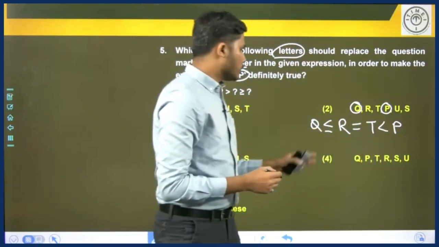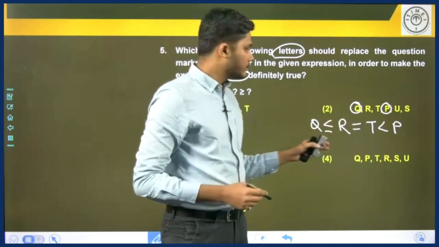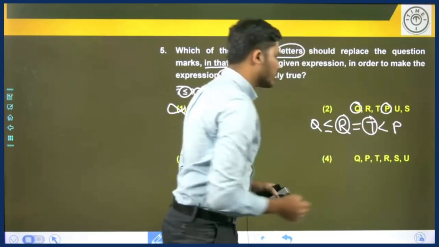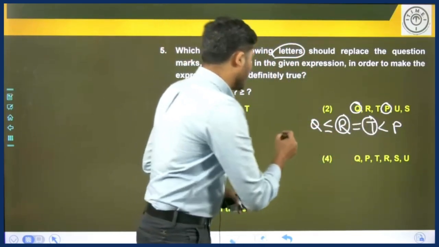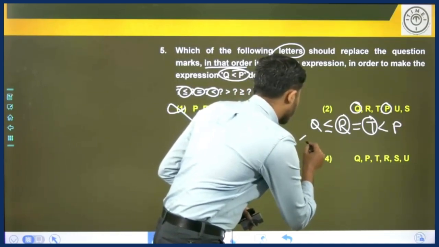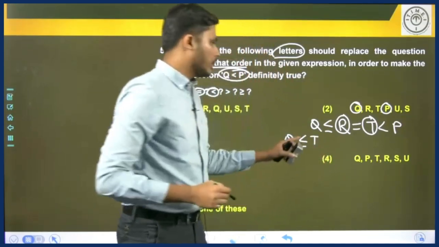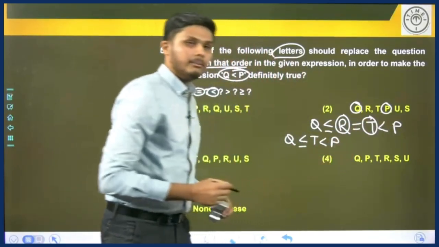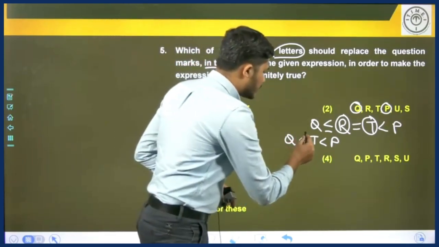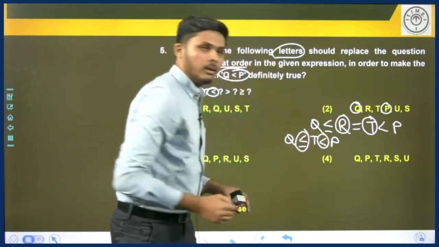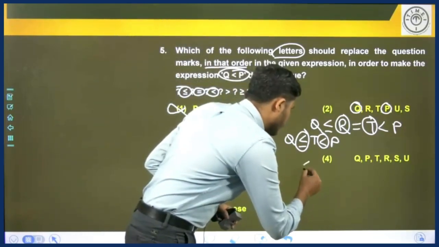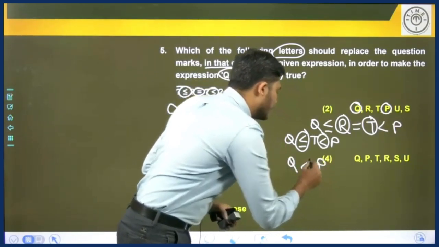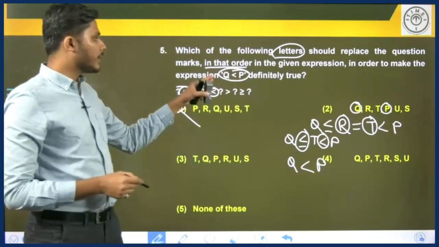P. So let's first find out the relation between Q and T, then the relation between Q and P. Here R and T are equal, so we can replace R with T. The new statement will be Q less than or equal to T, and the relation between T and P here is T less than P. So now as the symbols are less than or equal to and less than, the result will be less than, and the relation between Q and P will be Q less than P, which does follow the given condition.